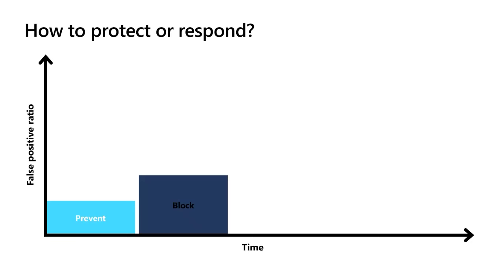So things like sandboxing, things like even conditional access with MFA, how we can apply that in an authorization way when we've seen a signal from a user and we're going to block access or apply MFA. These things are generally done a little bit further down the attack chain, so to speak, but still at the beginning. They may have a slightly higher FP ratio, particularly if you're using ML and behavioral based blocking.